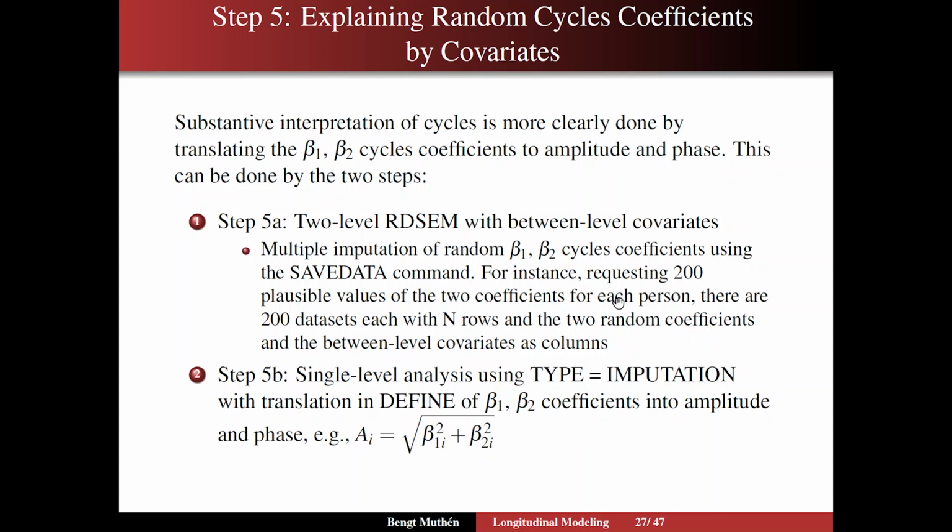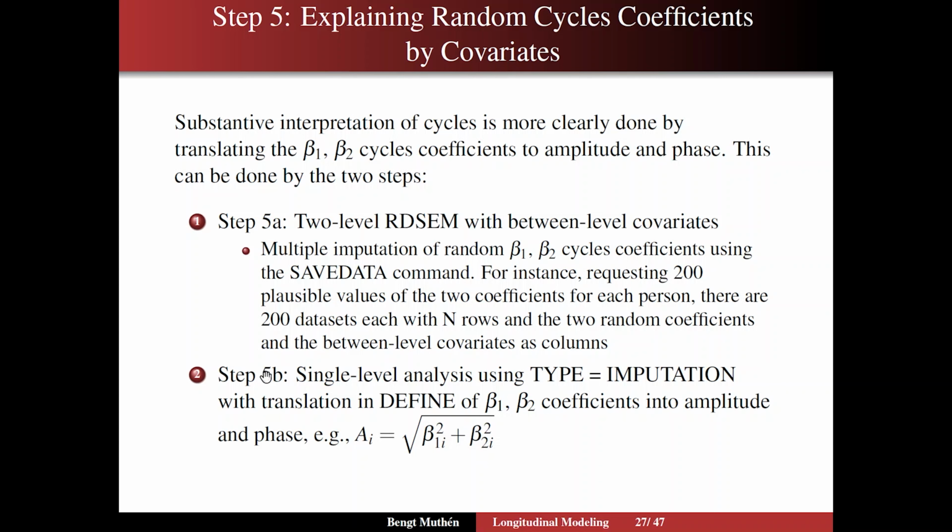So therefore, there are 200 data sets, and each of the data sets has n rows, the number of rows that you have in the original data set, or at least in the data set that is analyzed by t-interval. And the columns are the two random coefficients and the between level covariates. That is, the between level components of the model.